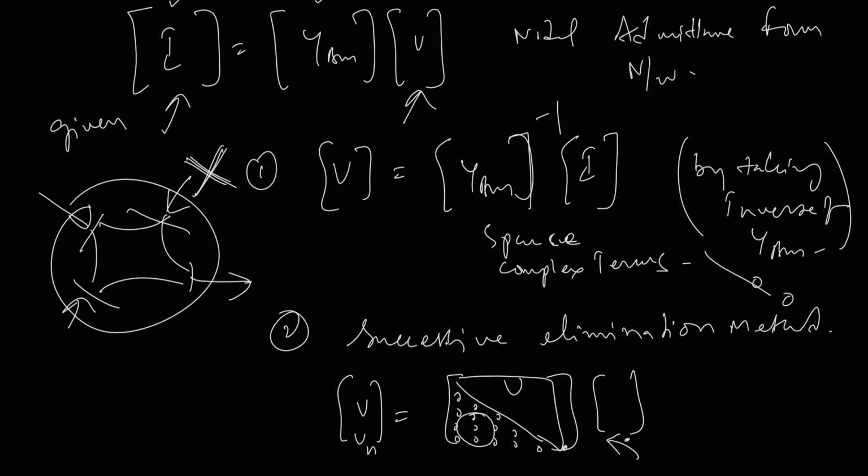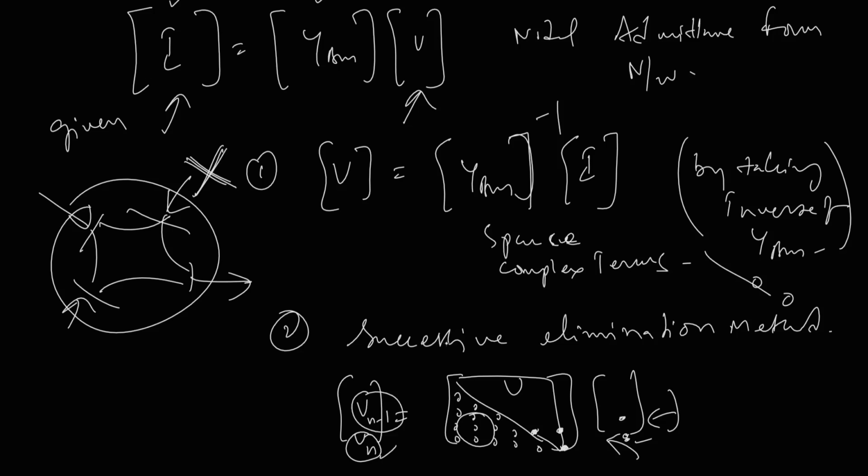This current is known and this is the only element, so I can find out Vn. Now for the next, n minus 1th row, you have these two entries here, and this element into this current plus this element into this current gives Vn minus 1. Already we have calculated Vn, so it is easy to find Vn minus 1.